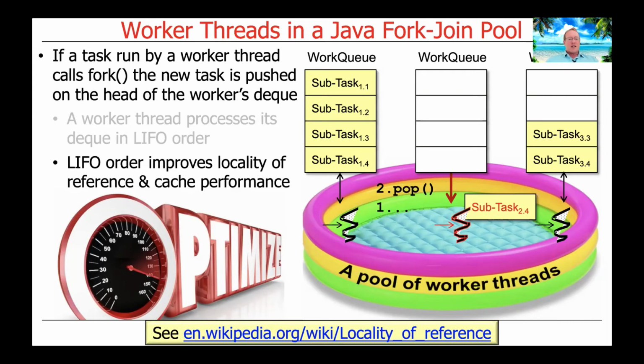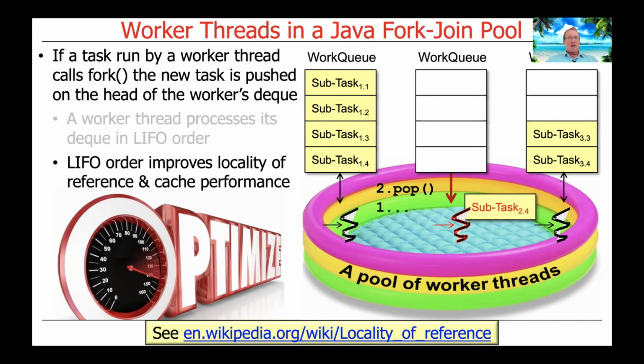The reason it uses LIFO is to improve locality of reference and cache performance. The assumption here is that if you have pushed a task or a subtask onto the DEQ, then the next time you get work to do, you want the one that's been there the shortest time. That's often referred to as the fresh work before stale pattern.